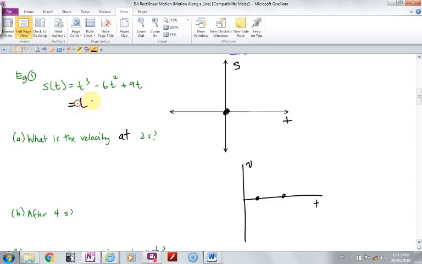If I factor out the t, I get t squared minus 6t plus 9. Does that factor any further? Okay, so I can see I have another 0 at 3.